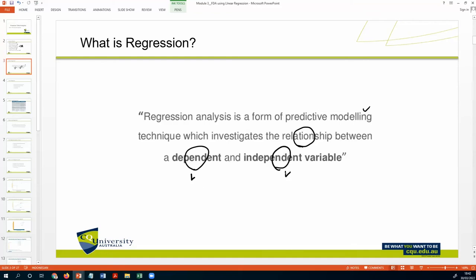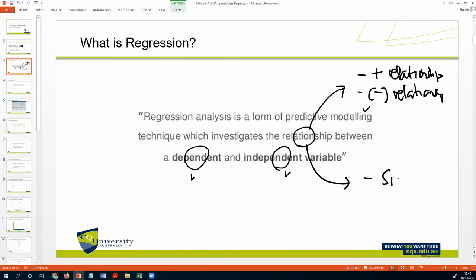The relationship will tell us whether it is a positive relationship or a negative relationship, and whether the relationship is significant or not significant.